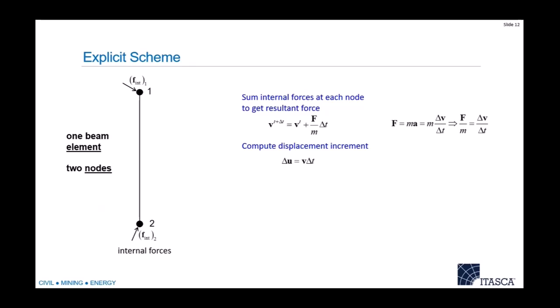So your zones will have a time step that's based on the zone's Young's modulus and the size. Structural elements are the same. They will have a time step based on their properties, such as Young's modulus and the size of the element. Generally, not always, but generally, the time step will be the smaller of the two, right? Because if you're taking too large of a time step for structural elements, you could generate instabilities.